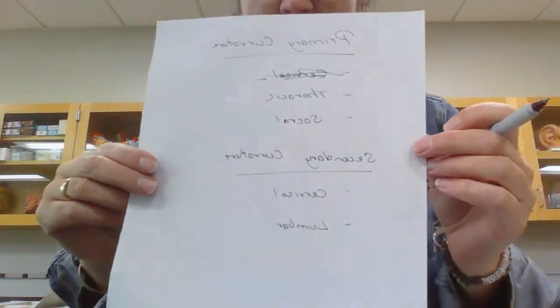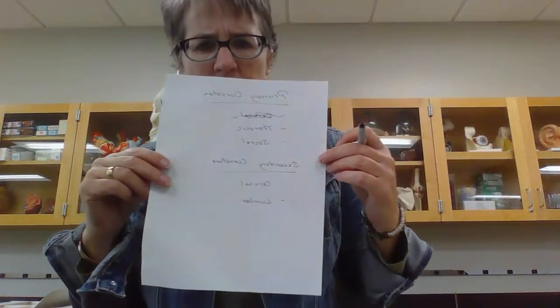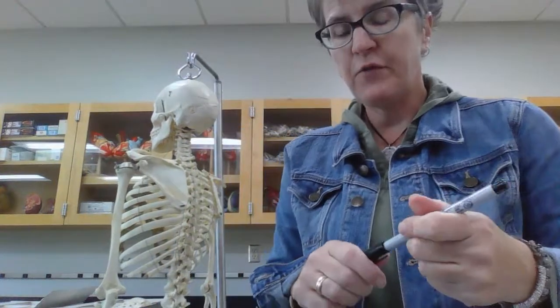Secondary curvature, meaning it comes after birth, holding up the head, so cervical, and learning how to walk, so lumbar. Great. I wrote that on a piece of paper. Maybe you can see it. Oh, I guess you can't really see it. Okay, forget it. I won't write on paper again.